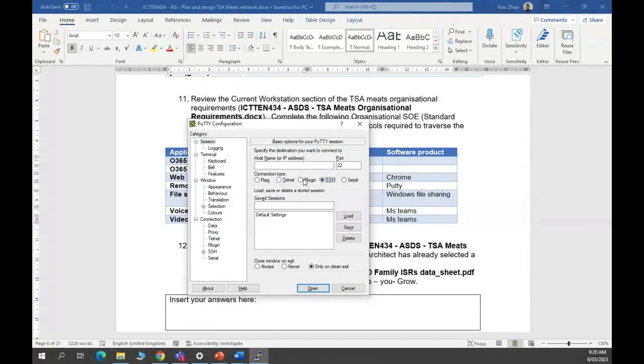They're both remote command line interfaces, but the difference between the two is that telnet is clear text, meaning anyone can read anything you send, and SSH is a secure shell. As the name suggests, secure means it's encrypted. But if you even look at this, if I click on telnet, it says port 23. If I click on SSH, it's port 22.